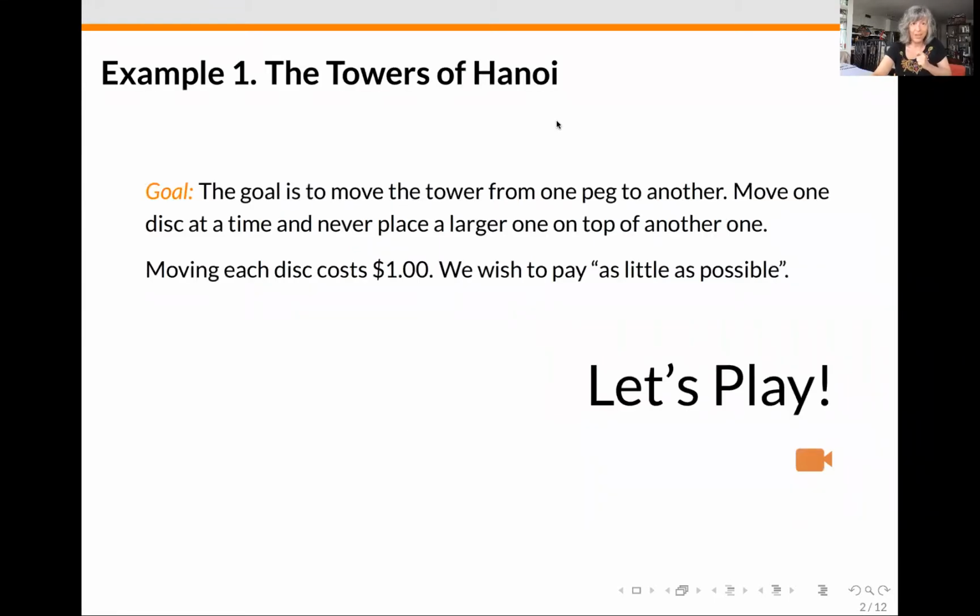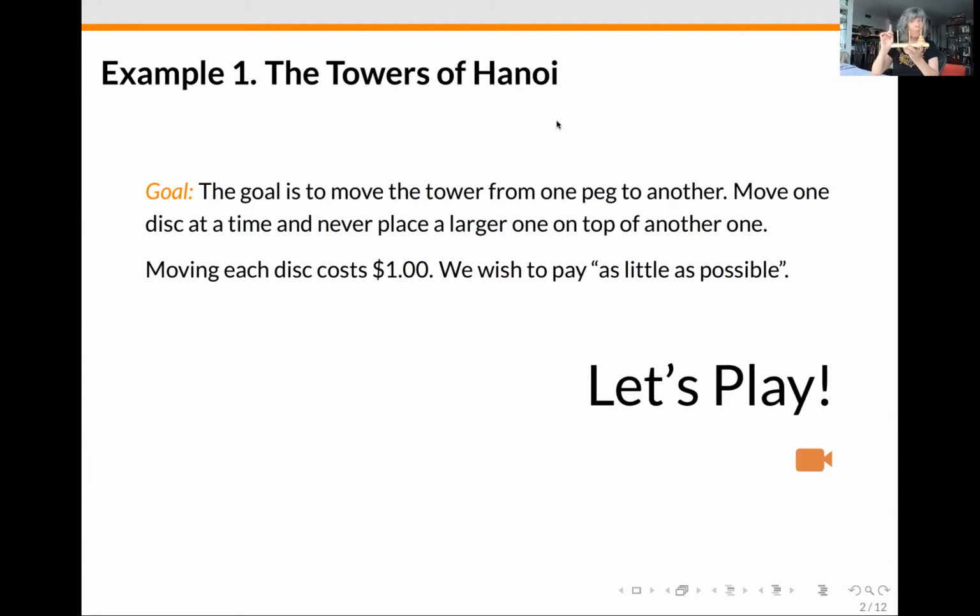In order to do that, let's talk about a game called the Towers of Hanoi. And this is the game. The goal is to move the whole tower. The tower is comprised of several disks, and the goal is to move the whole tower from one peg to another peg.